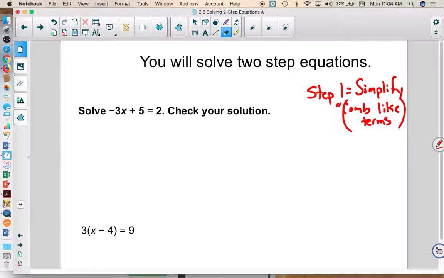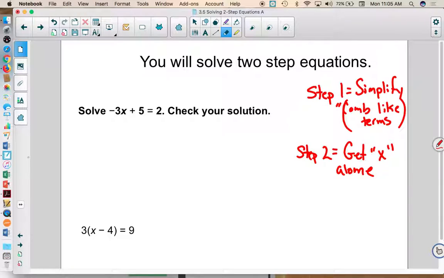Okay, if I look at the first one, do I have any like terms that I need to combine? No. So then I want to look at step 2. The goal is to get x alone.